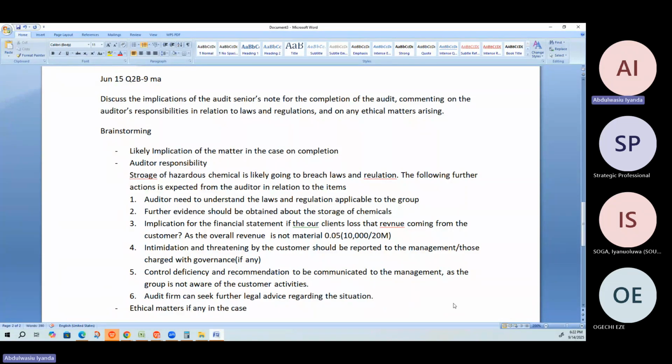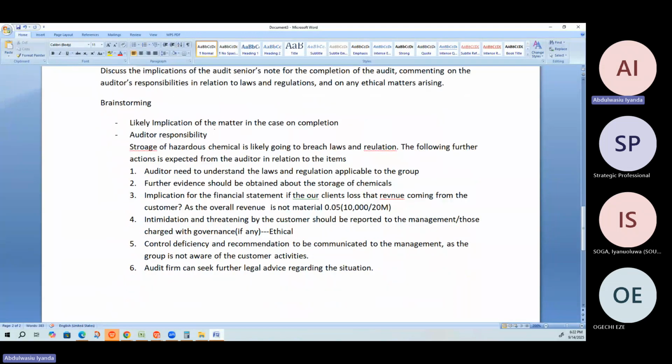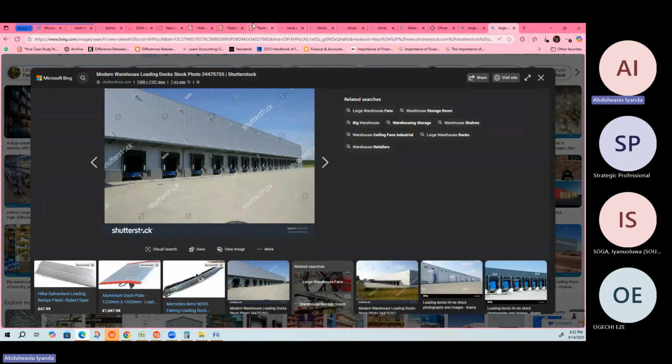So this is the ethical part, and we can pick from here. The remaining one is the normal responsibility that you should do as an auditor in relation to this work.